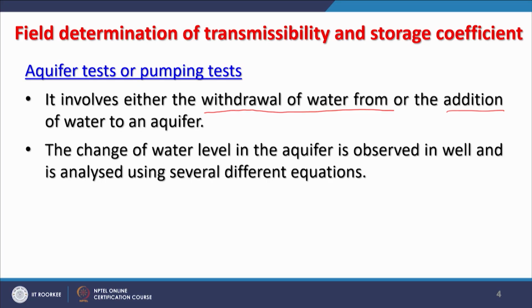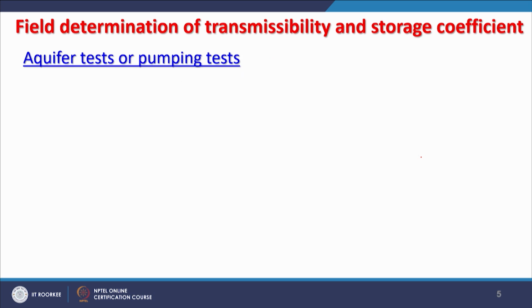So, the change of water level in an aquifer is observed through a well or observation well and analyzed using several different equations, as we have already discussed in our previous discussions. These water levels are observed, monitored, and analyzed at the same time.